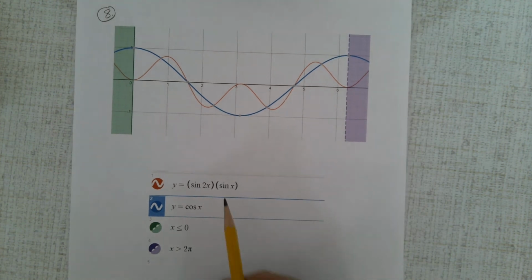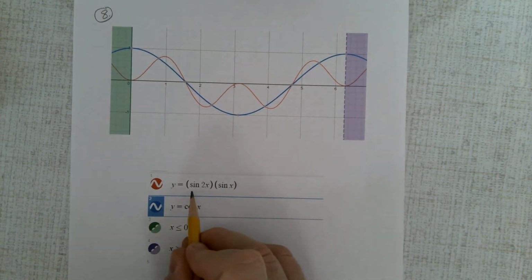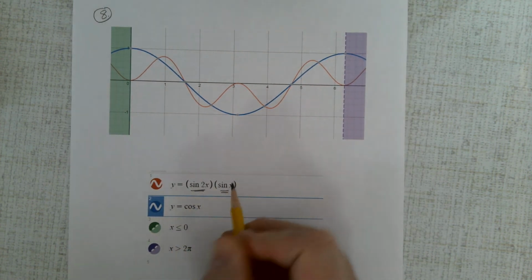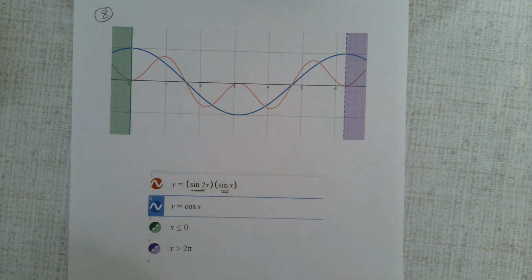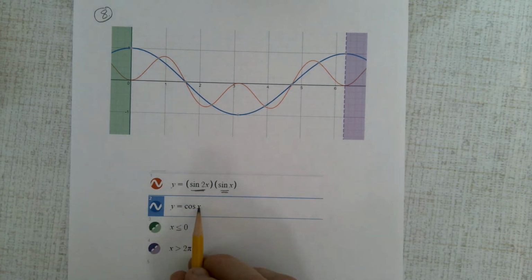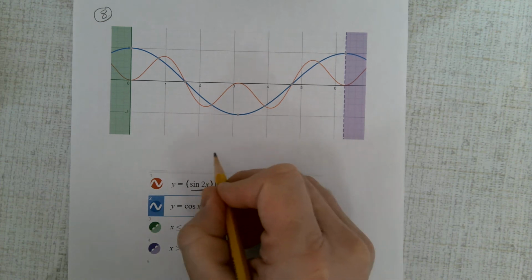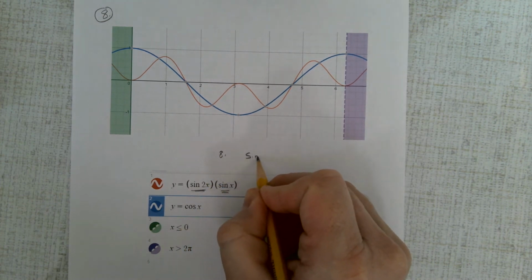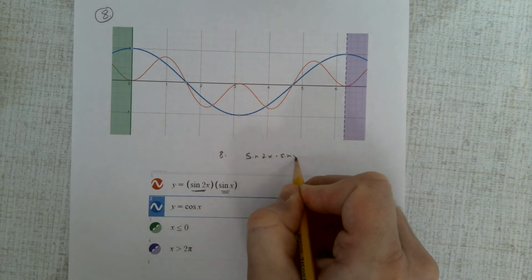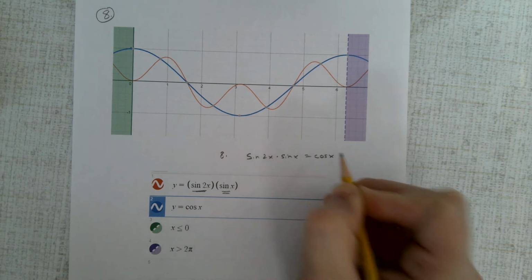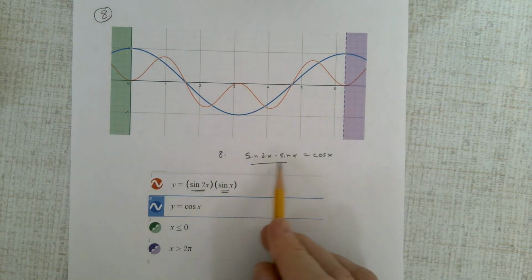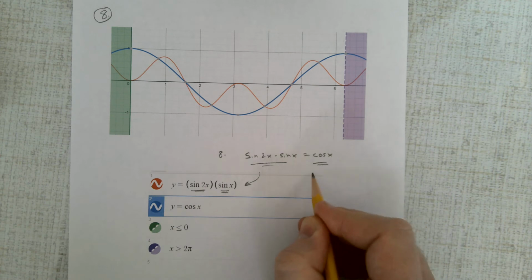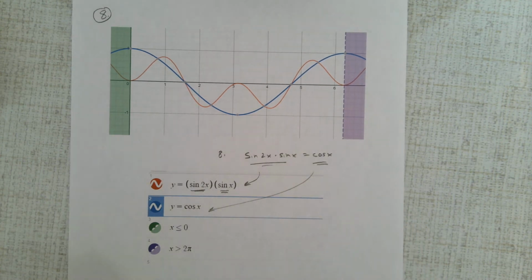Here's the graph of problem 8. Here's the left side of the equation. It's this quantity times this quantity, and in Desmos, put them in parentheses. Here's the right side of the equation. What you have to solve, problem 8, looks like sine of 2x times sine of x is equal to cosine. Left side here, right side here.